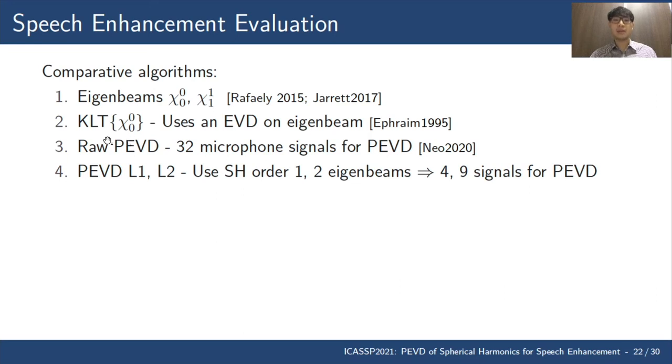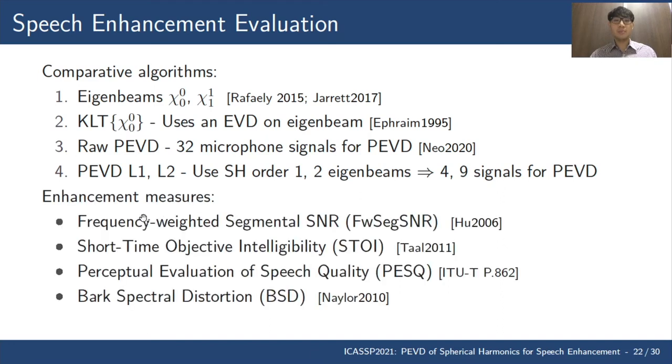KLT is applied to the omnidirectional beam. The raw polynomial EVD, which operates on all 32 microphones, is also used. The enhancement measures include the frequency-weighted segmental SNR, STOI, PESQ, and the Bark spectral distortion, the BSD.